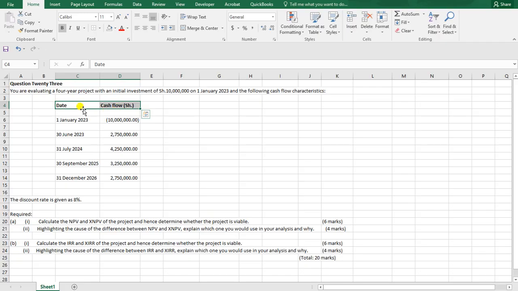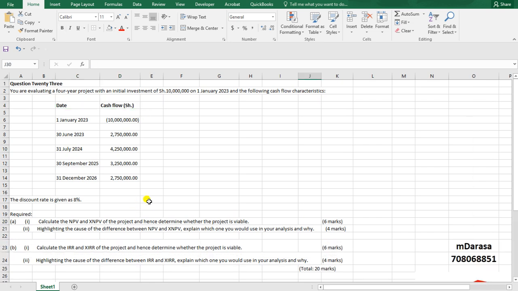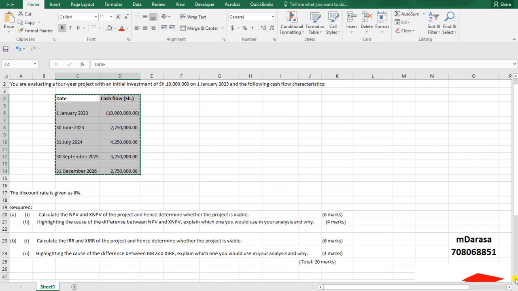So in this case, how will we work it out, my good students? This will be very simple, and these are the procedures that you're supposed to do. What I'm going to do is just pick this one here. We pick the whole of this data set.